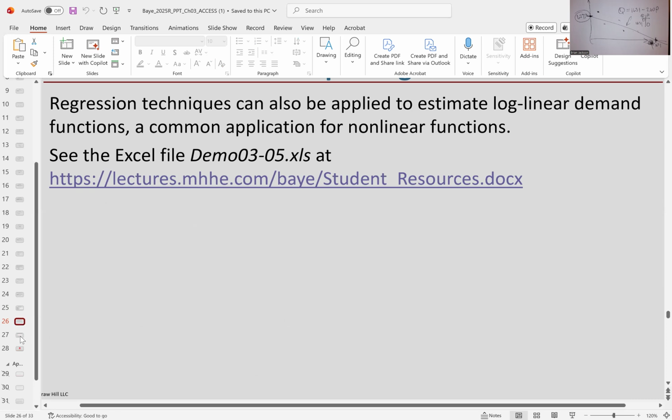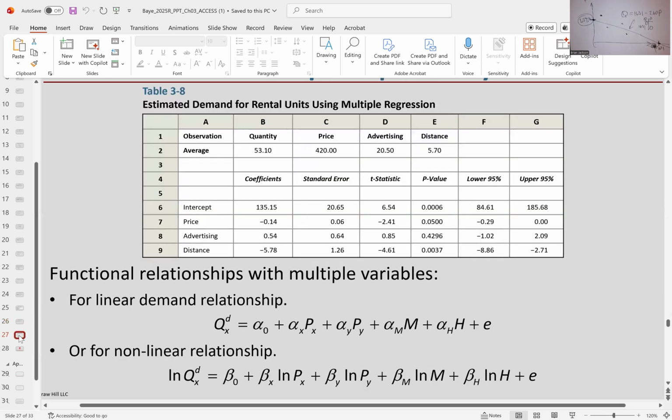Very important: before the course is over, you'll need to be able to do some quantitative demand analysis. That would involve taking some historical values for P and Q and finding the demand curve that best fits through there. Microsoft Excel is a neat thing. They show you again how you can do this for linear demand or for non-linear, say the log linear demand function. Again, the first one is by far the more important one for us in this course.